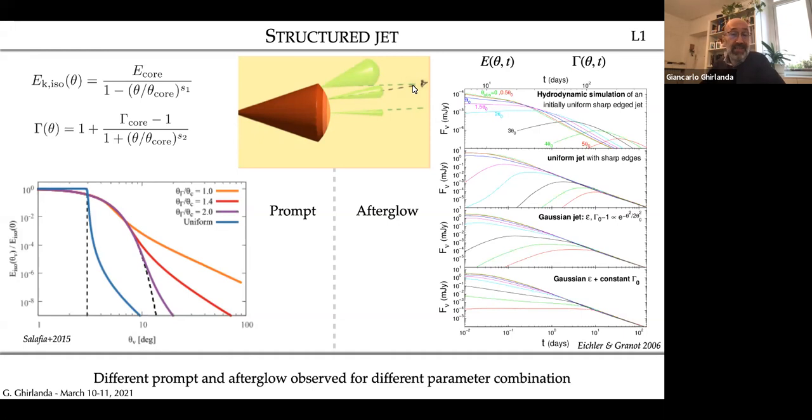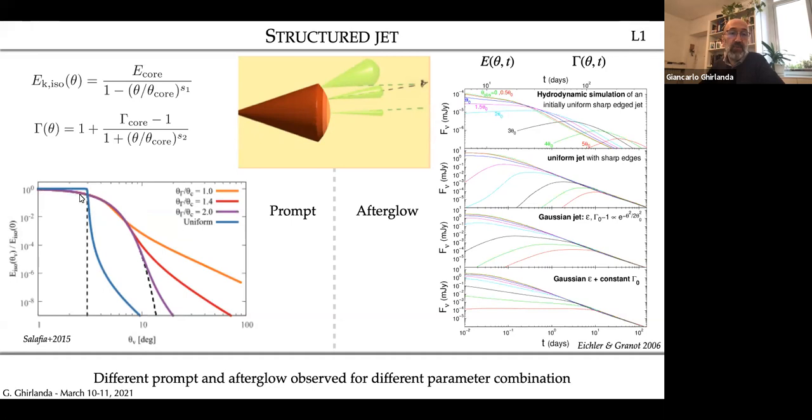And the outcome is that if we compare in this plot the energy or the luminosity seen at a given viewing angle with respect to the luminosity seen exactly on axis, yesterday we described this curve here, which is valid for a uniform jet.